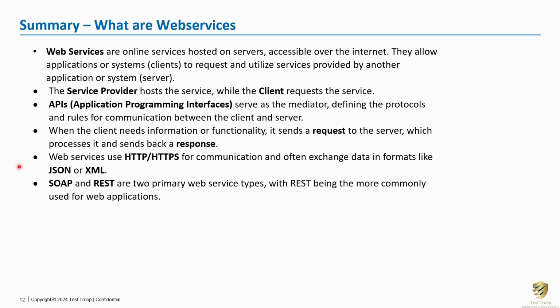The client and the server communicate over the internet. An API, also called an application programming interface, sets standard guidelines or rules for the communication so that the message formats sent between the client and the server can easily be understood by the two parties. Web services generally use HTTP or HTTPS for the communication, and they often exchange data in a format like JSON or XML. SOAP and REST are two primary web service types.